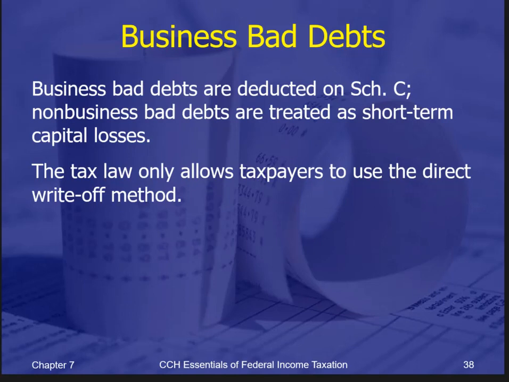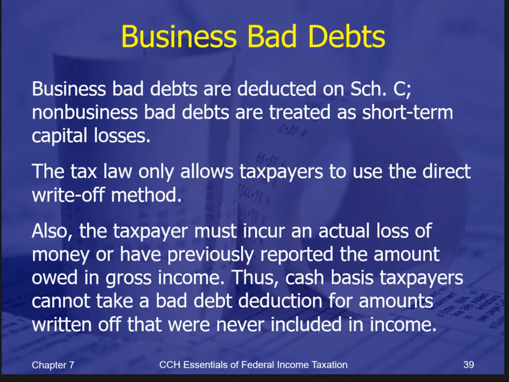You have to use a direct write-off method, no allowance method that we learned in accounting, no estimated expenses whatsoever in the tax law. So you have to actually be giving up on collecting the money from this situation.